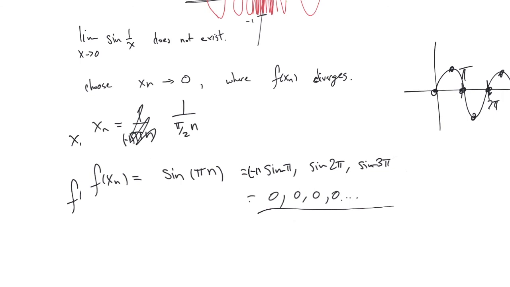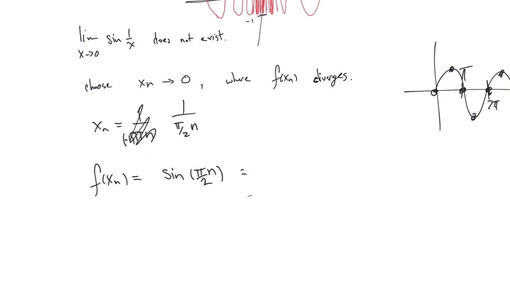Okay, so now when you put a pi over 2 there, I got a pi over 2 down here. And then this stuff over here is, well, it's sine of pi over 2, then sine of pi, then sine of 3 pi over 2, then sine of 2 pi.